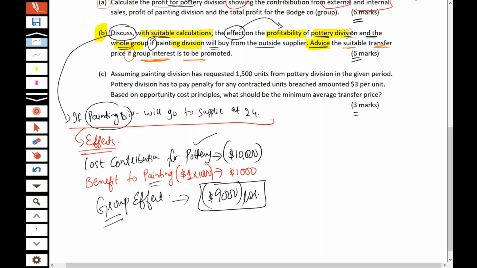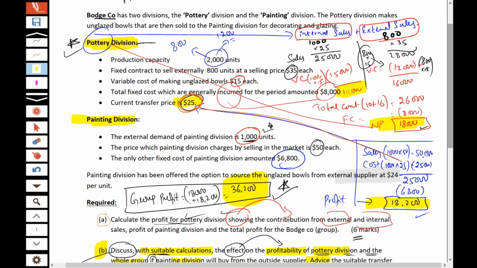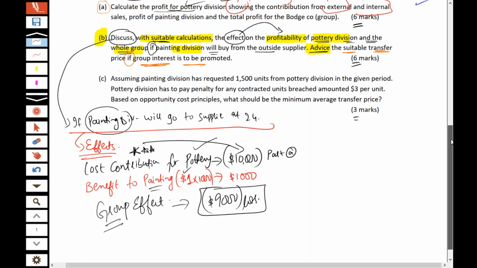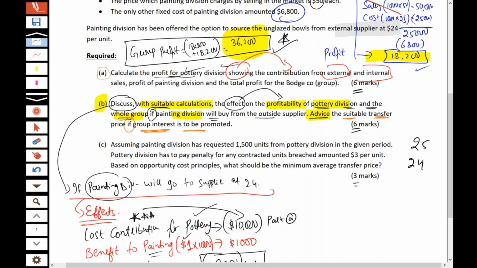The 10,000 is the contribution from internal sales, which was already calculated in part A. And how did the $1 come? It came from 25 minus 24.